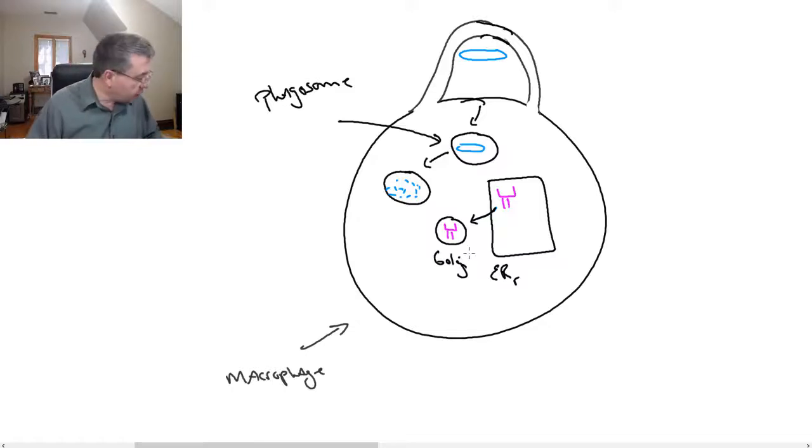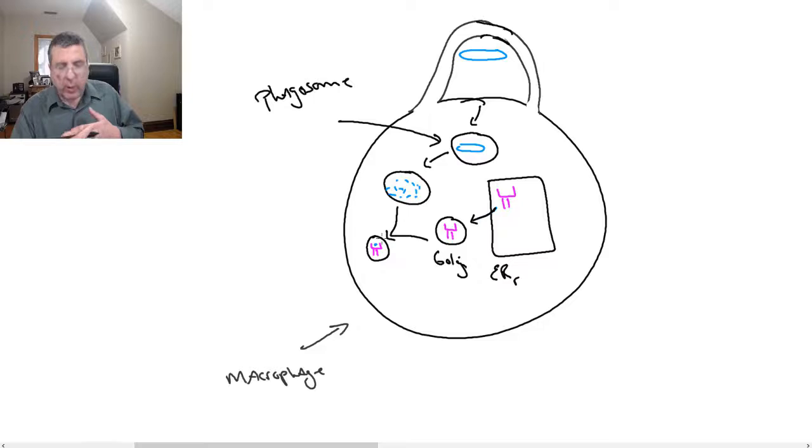And then the Golgi buds off and goes to one of these. We're getting smaller and smaller on these pictures. Didn't mean to do that. Sorry about that. So now we have a small piece of a peptide on this one.